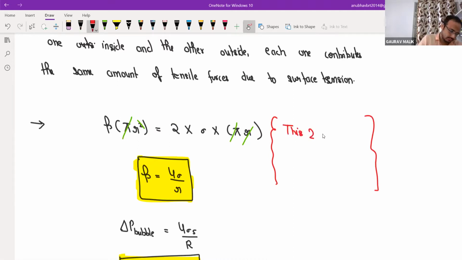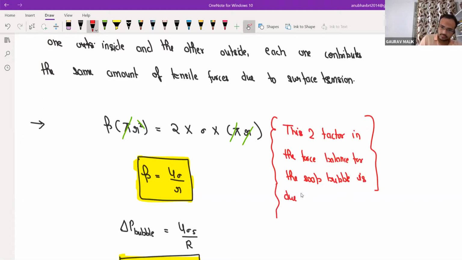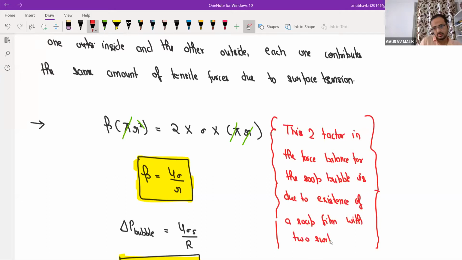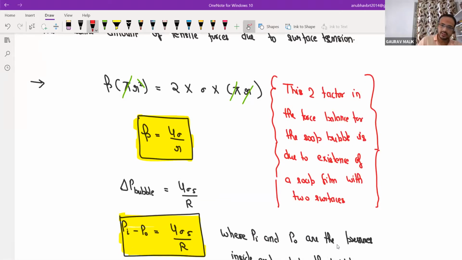These two factors in the force balance for the soap bubble are due to the existence of a soap film with two surfaces, one inner and one outer.